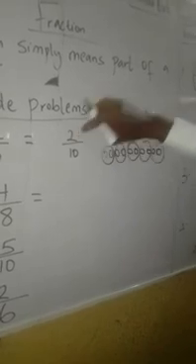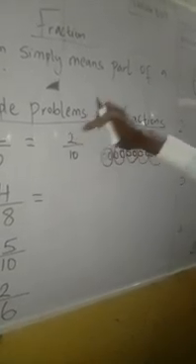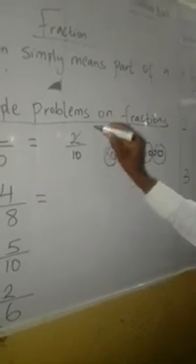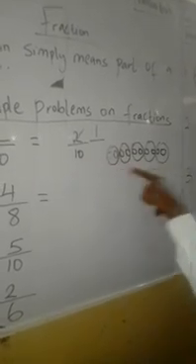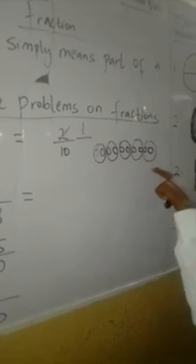But you understand that, first of all, I need to divide 2 by itself and use 2 to divide 10. Is that okay? So any number divided by itself will give me what? 1. 2 by itself will give me what? 1 over. Coming to the denominator, how many circles do I have here? 1, 2, 3, 4, 5.